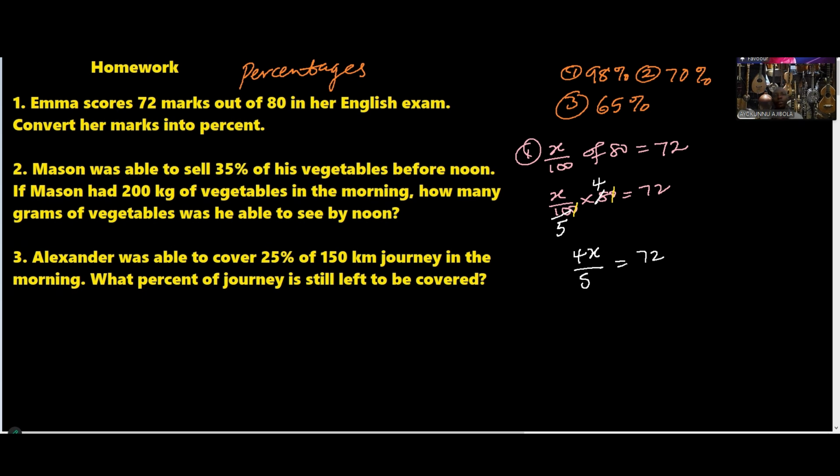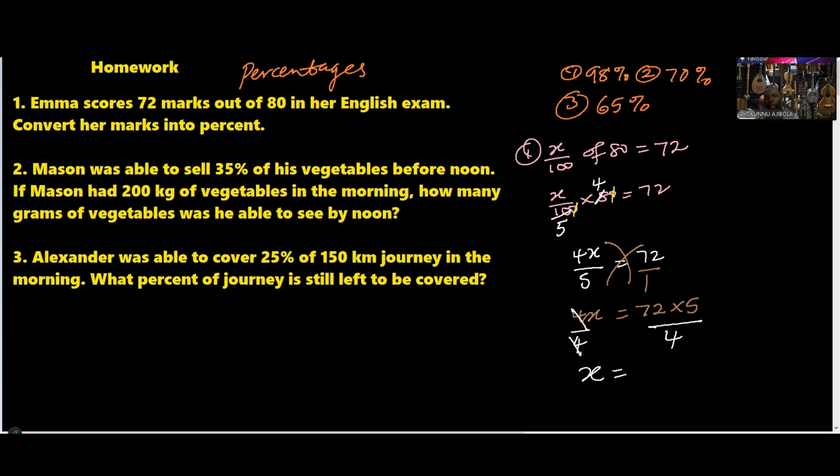So to find x, because that is what we're looking for, we cross multiply. 1 times 4x is 4x, and 5 times 72. I might not bother to multiply because I'm looking for x. Just divide both sides by 4 so that x can be alone. 4 cancels 4 on the left, so x is alone.